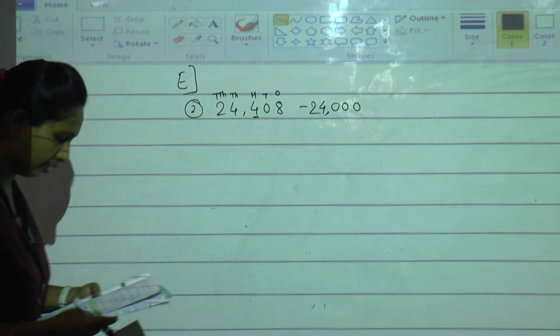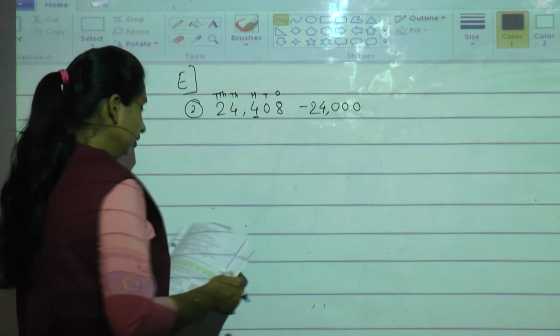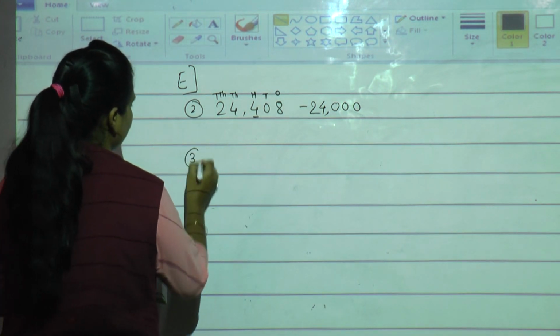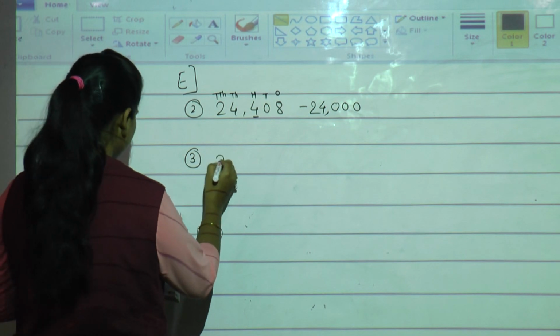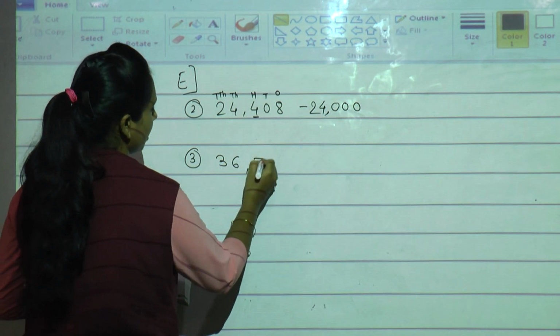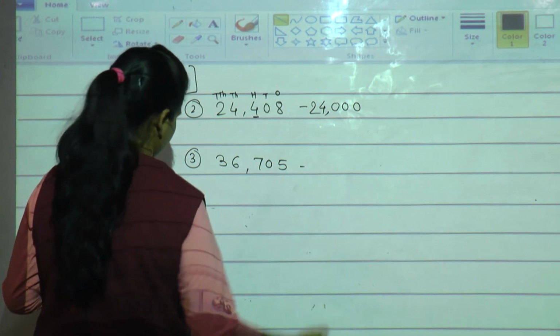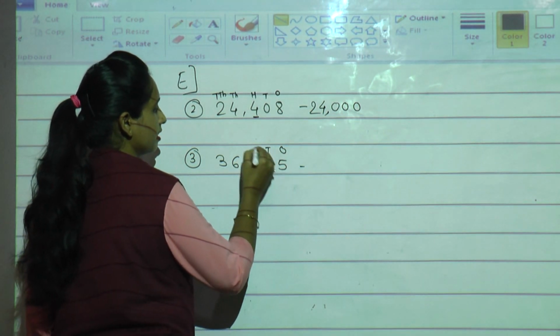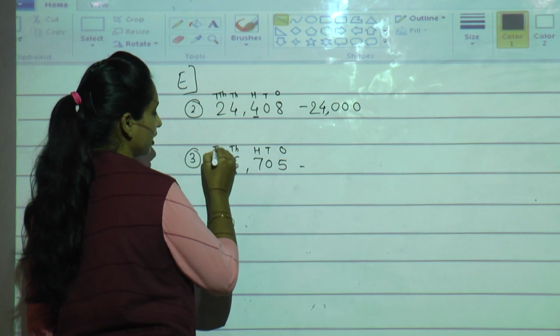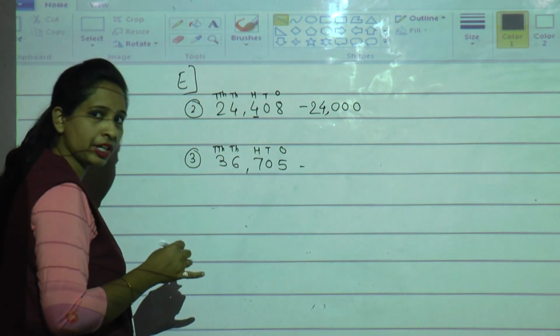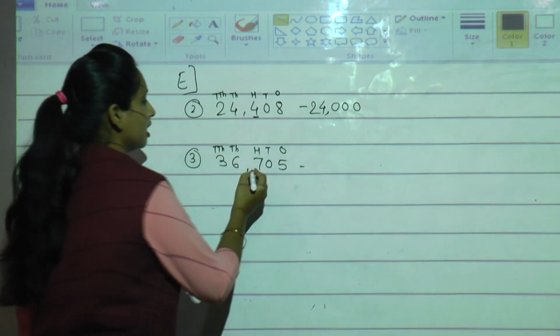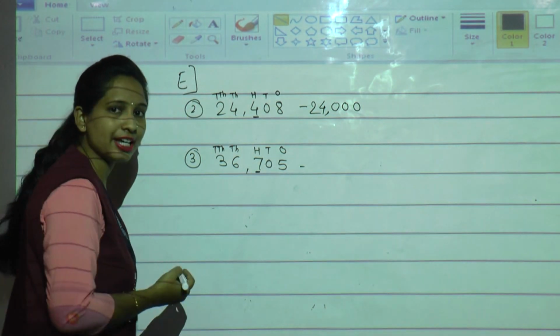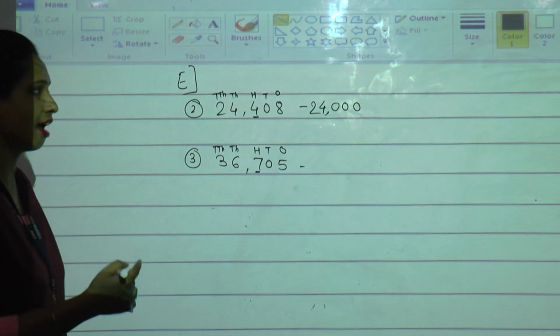Now we will move to the next. In this, I will solve the third one for you. 37,705. Give the place values: ones, tens, hundreds, thousands, ten thousands. If we are rounding off to the thousand, look at the digit at the hundreds place. What is there in the hundreds place? 7.